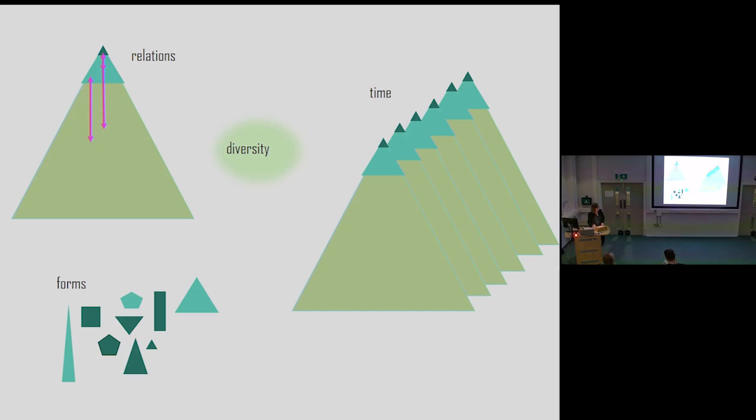So what I'm going to speak about today is diversity when it comes to digitizing pictures, and how this can be described in terms of relations, meaning how the digitized entries relate to the analog whole, but also form, meaning the very different looks and character of a digitized post or entry.